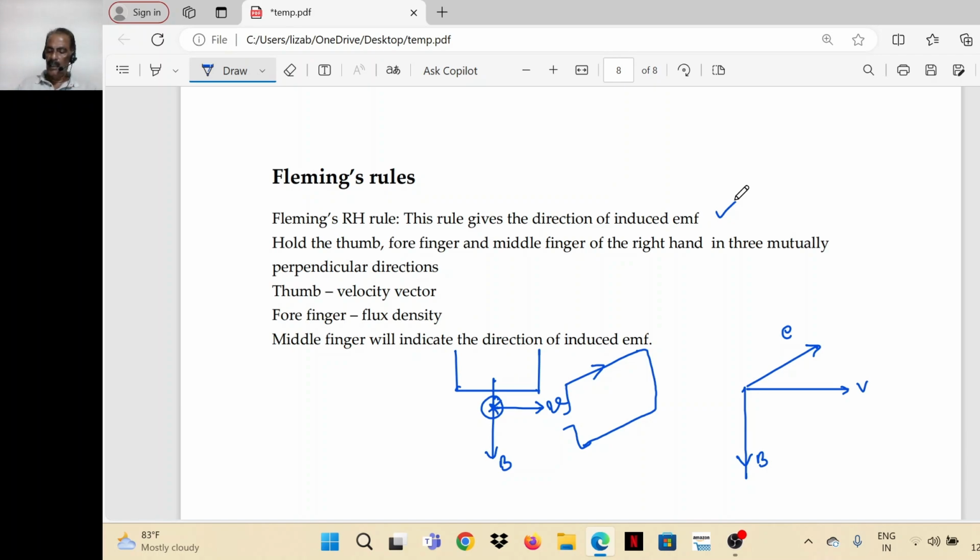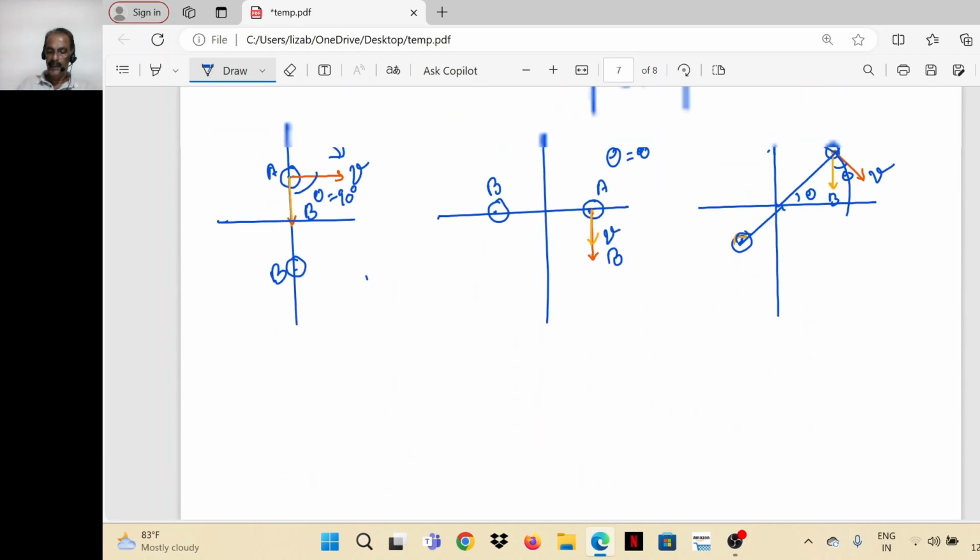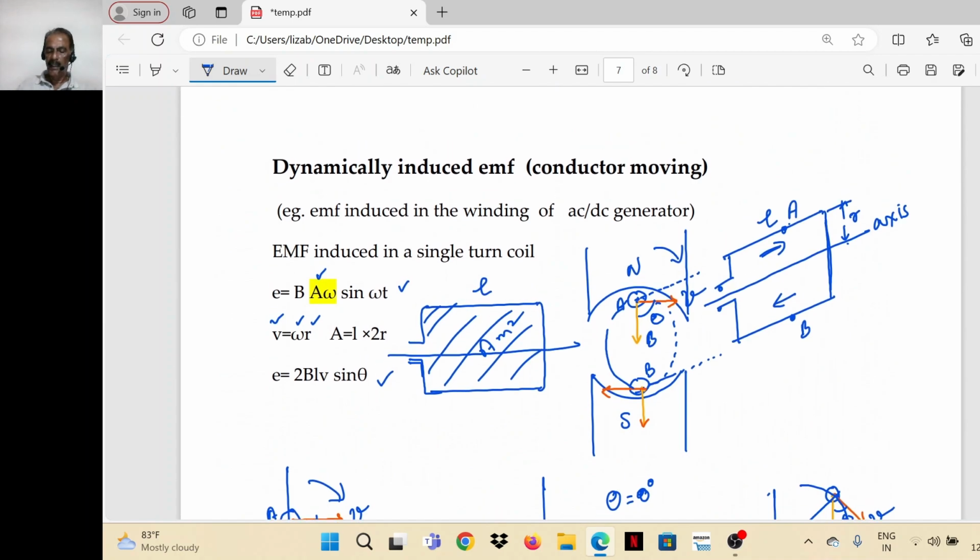Say here, in this case, what is the direction of induced EMF? Let us find using Fleming's right hand rule. So hold your right hand with the forefinger in the direction of flux density and the thumb in the direction of velocity. Then the middle finger will indicate the direction of induced EMF.